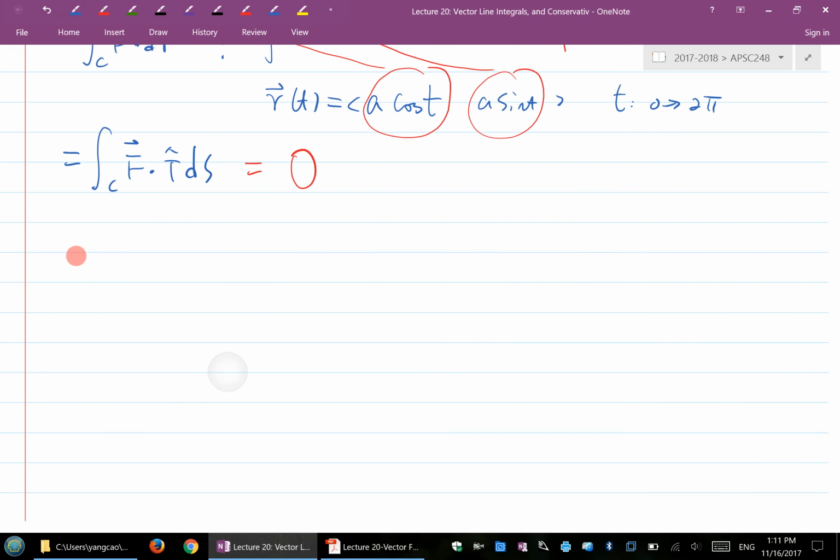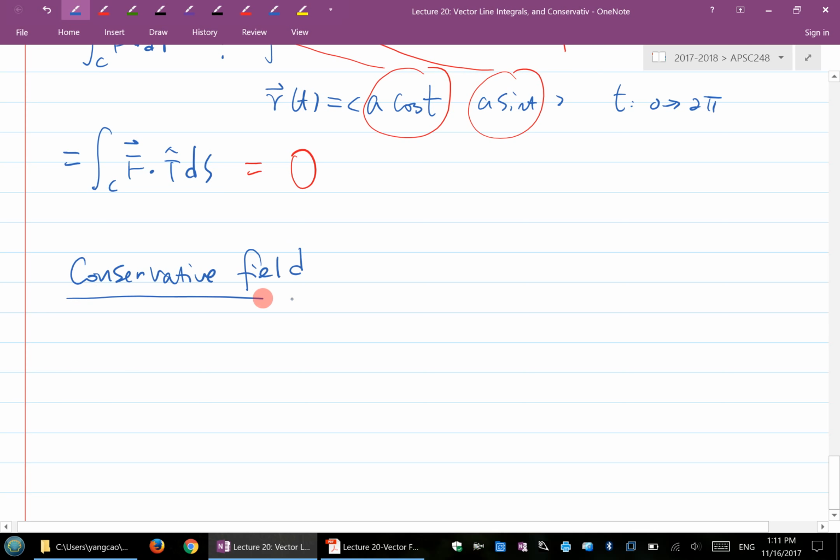Okay, let's continue. We're going to start a new topic called conservative fields, and I'll cover what a conservative field means here.